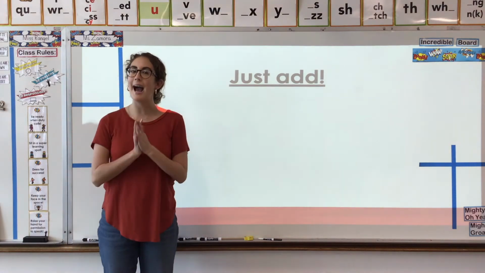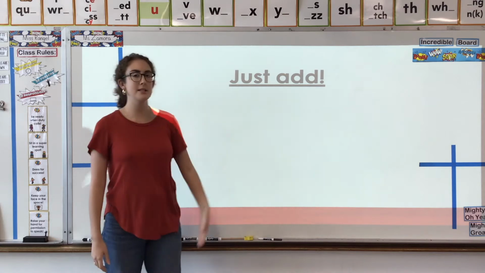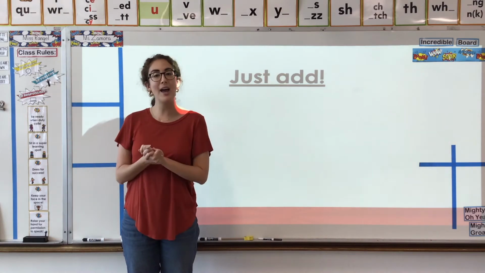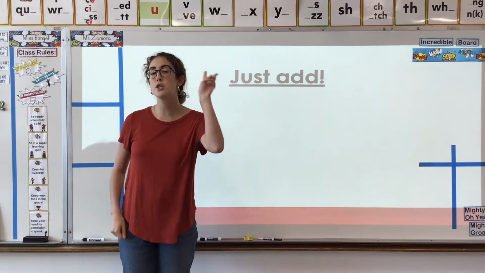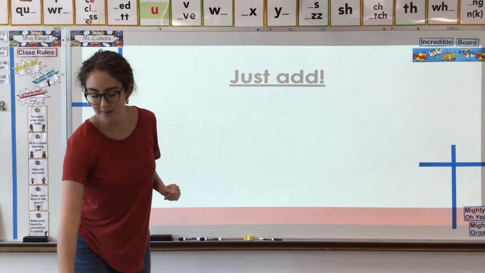So when we are adding the suffix ing and ed, the simplest way to do that is just add them. Just tack it on at the end and call it good. There's only two possible times when we can just add the suffix.